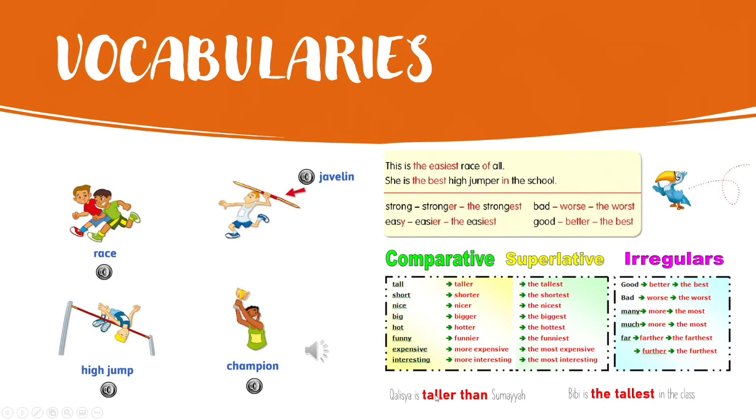So here I use tall, taller, tallest. To tell about tall, I can say Sumaya is tall. However, Kalisha is taller than Sumaya. But Bibi is the tallest in the class. So that's how we use the comparative and superlative adjectives.